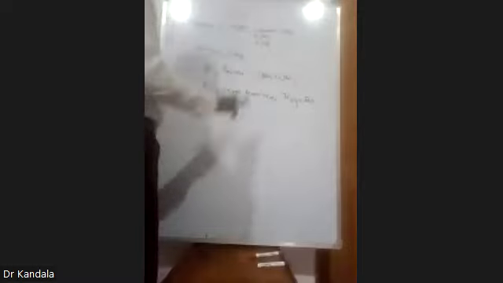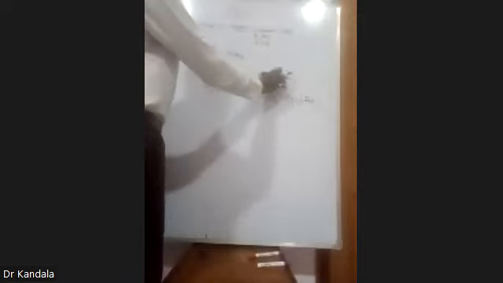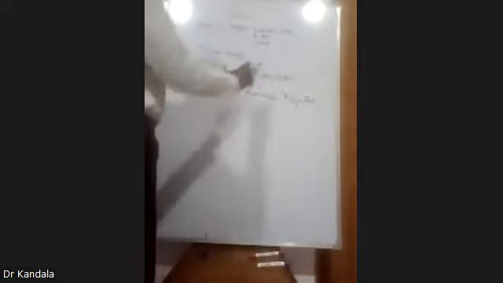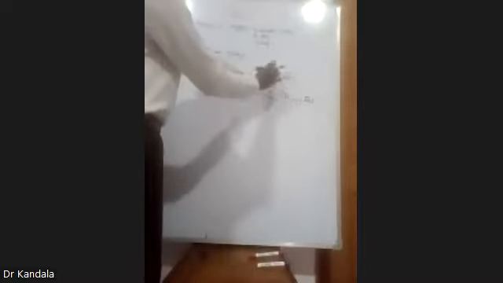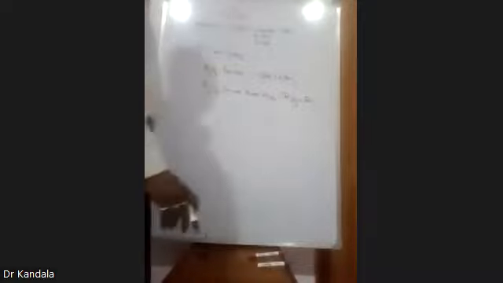In this mixed oxide, you see the same element with a different content of oxygen. That means the same element exists in different oxidation states. An oxide in which an element exists in different oxidation states is called a mixed oxide. These are examples of mixed oxides.